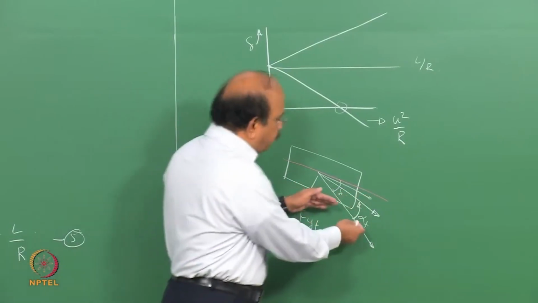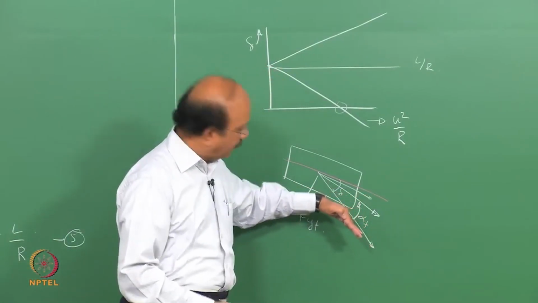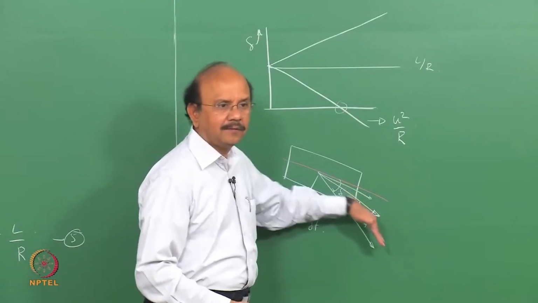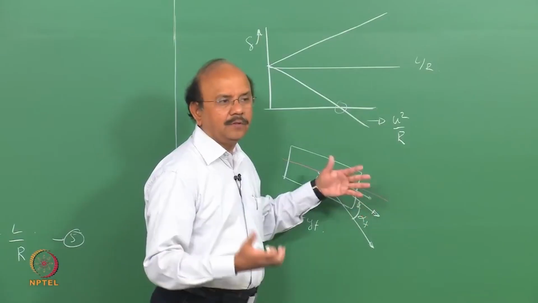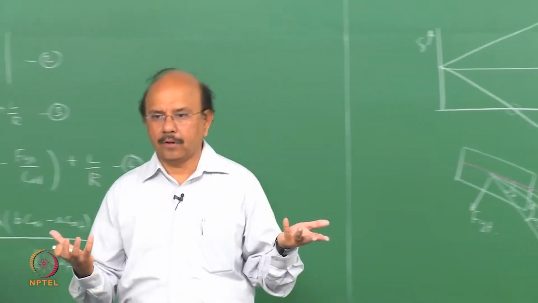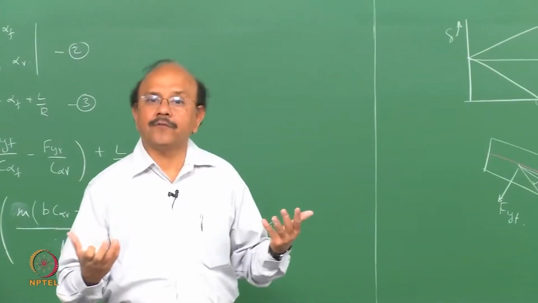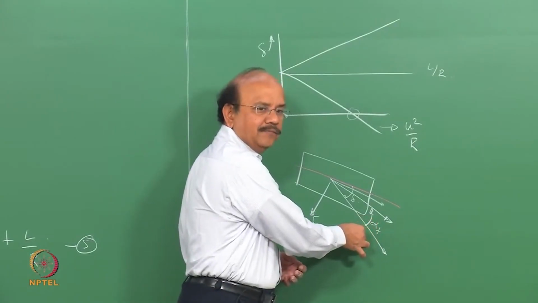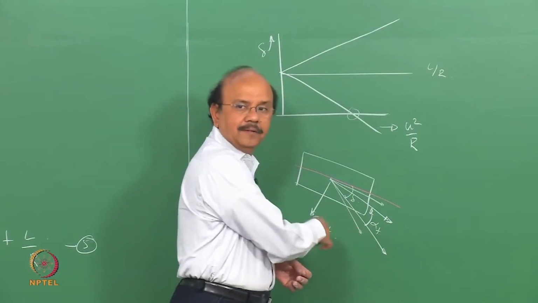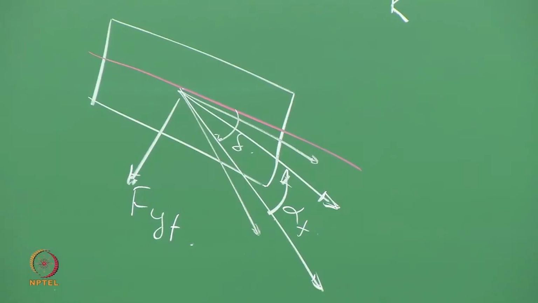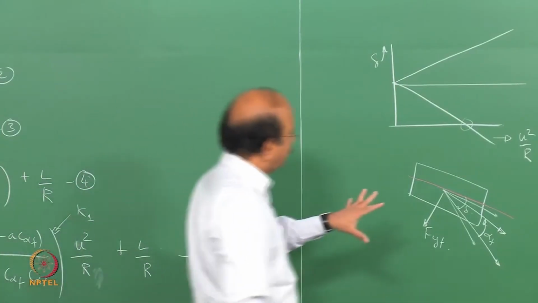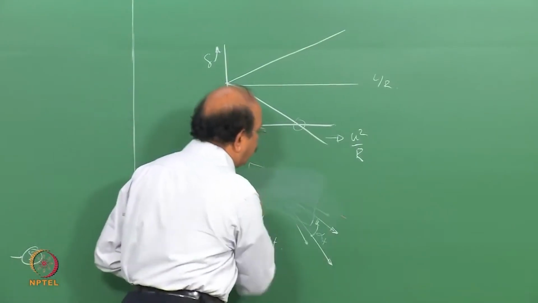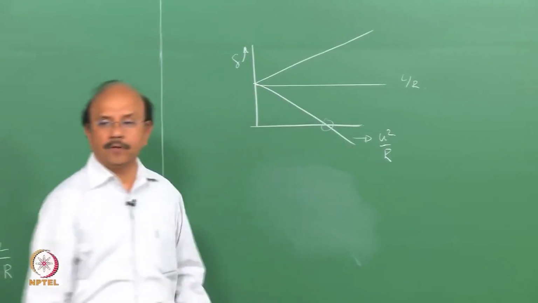So when alpha F is small, then already the vehicle is aligned towards that turn, and so delta needs to be small. At one point, this alpha F goes to the other direction. If it is like this, then we get into a lot more trouble of instability, because I have to now bring it back again. So heading becomes a problem. That is the role played by alpha F, which becomes extremely important.